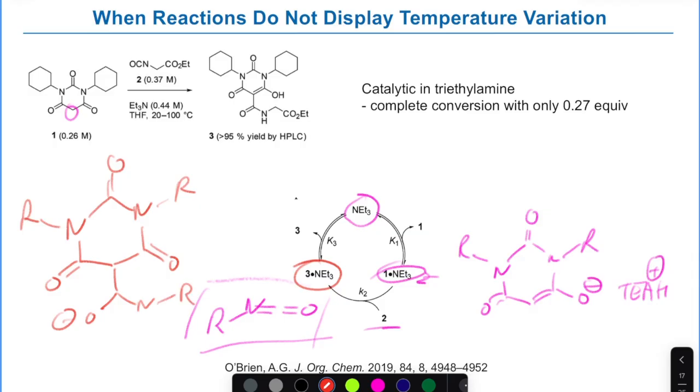Or you can draw it as the other resonance isomer, but it's still H-triethylamine. So in the end, it's a very simple proton transfer cycle. A single SN2-type reaction between your carbonyls. It's a nucleophilic acyl substitution kind of sequence.